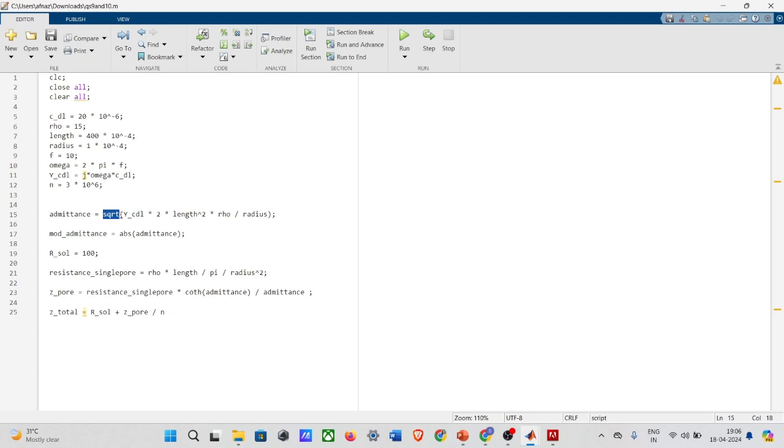Ma'am, another point is about Z pore. If we are calculating coth, then the unitless admittance is imaginary, right? Z pore is R coth of root lambda divided by root lambda, right?